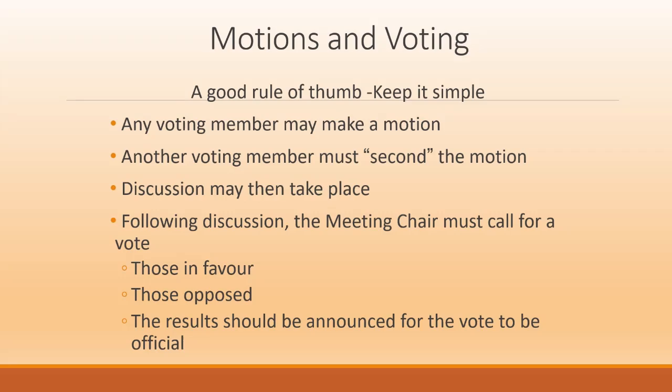Discussion can then take place after the motion has been made and a second. Following the discussion, the chairperson calls for a vote. You could simply say, those in favor say aye, or those opposed say no. The results should then be announced, for it is only after the results are announced that the vote is official.